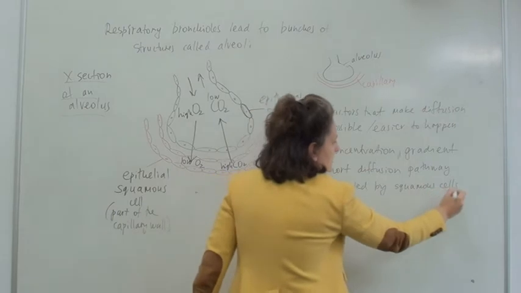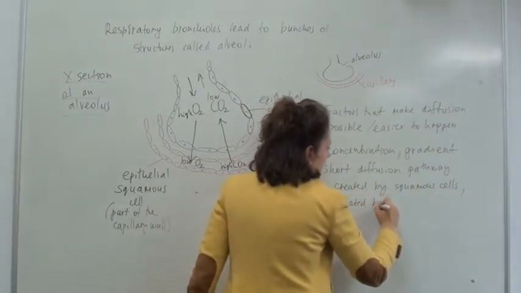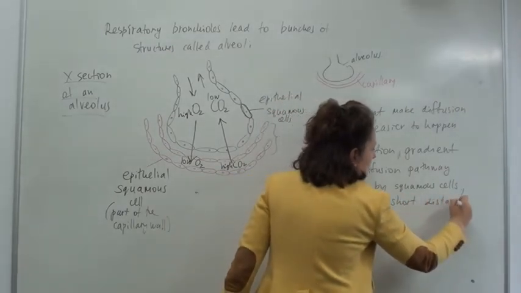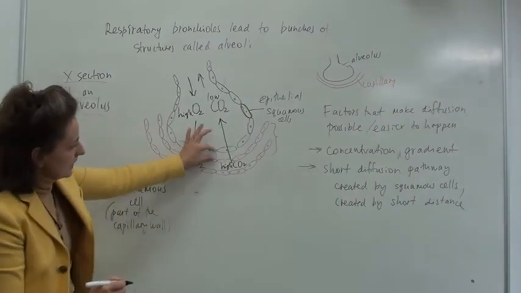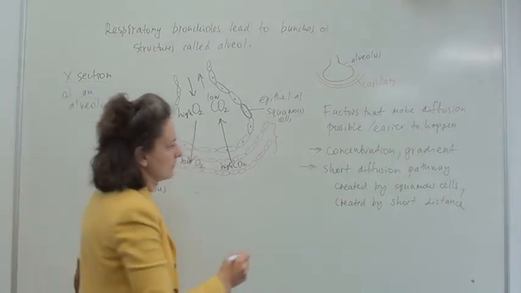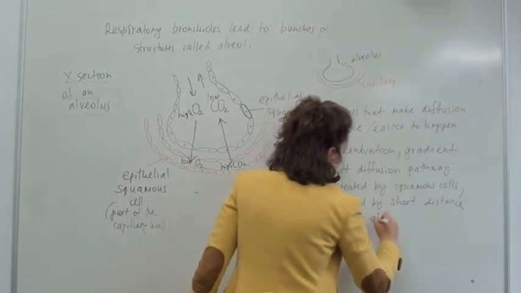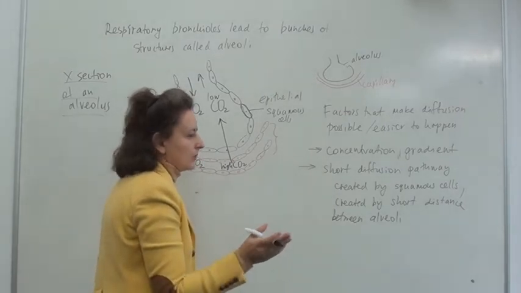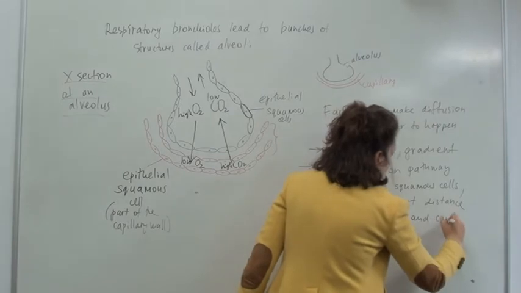So the short diffusion pathway is created by squamous cells and also by the short distance between the alveolus and the capillary. That little distance here is usually very small, between alveoli, I'll put it in plural because obviously we're talking about many alveoli and many capillaries.